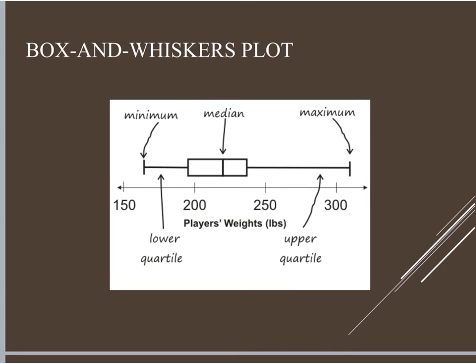You have 1 piece, 2 pieces, 3 pieces, and 4 pieces. So this is our lower quartile, this is our upper quartile, and again we have the median here. So at a quick glance, you can see that your data is spread from, it looks like we're looking at players' weights.